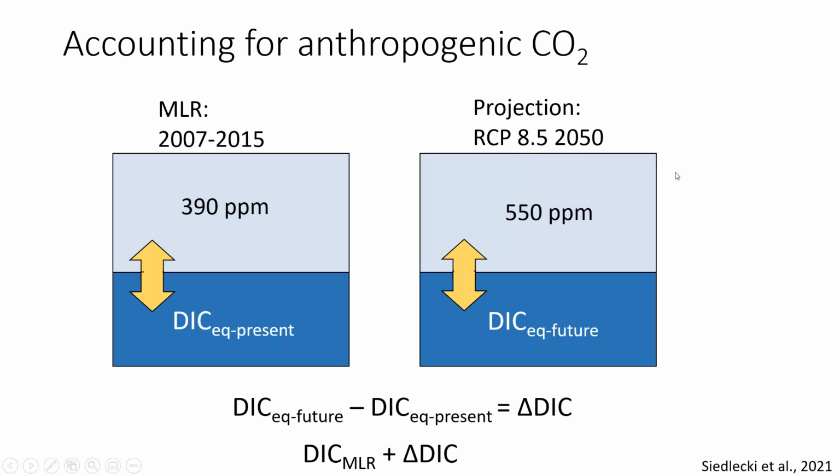So we calculated the DIC in equilibrium with the atmospheric concentration of carbon dioxide projected by that concentration pathway. Then we added the difference between those two equilibrium concentrations to the empirical model result to estimate the future values.